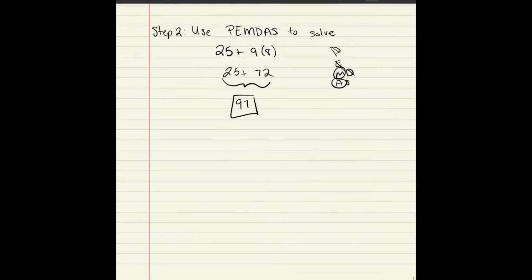Let's try some examples. All right, here are our examples. The directions say evaluate the expressions for the given values. So we have 4 times m minus 8 divided by 3, where m equals 14. So step 1, I need to plug in my variable. Actually, that's a lie.